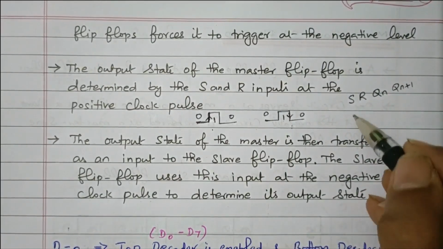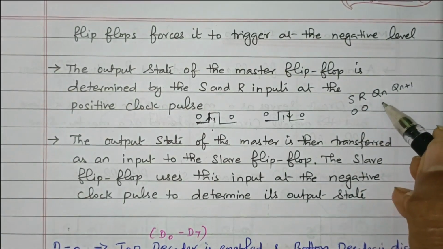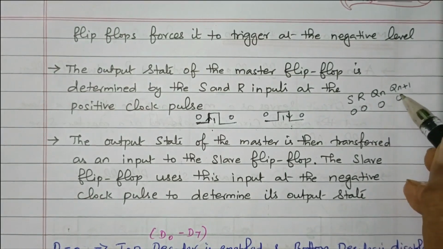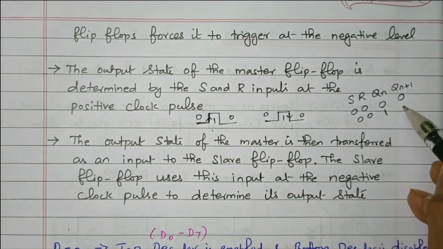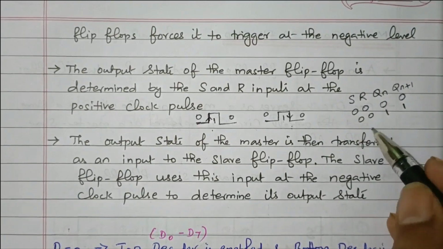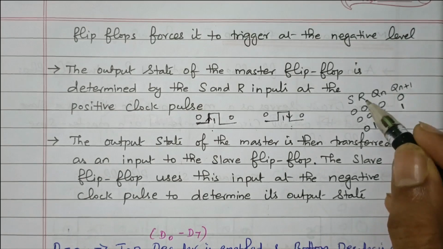What are the four conditions? If both the inputs are 0 and the present state is 0, the next state is also 0. If both are 0 and the present state is 1, the next state is also 1. There is no change for 0, 0. Right. Then 0, 1 means reset.